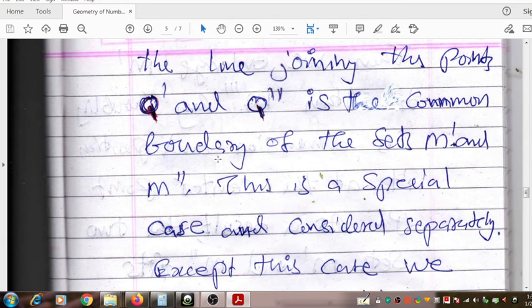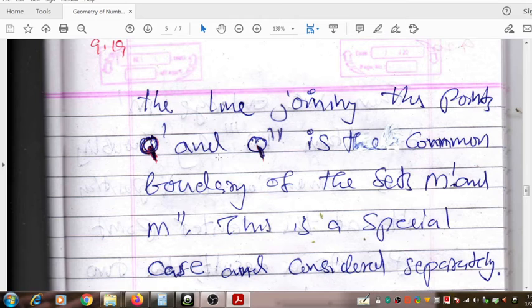That can also happen. The lattice point Q prime belongs to M prime, and the corresponding lattice point Q double prime belongs to M double prime.